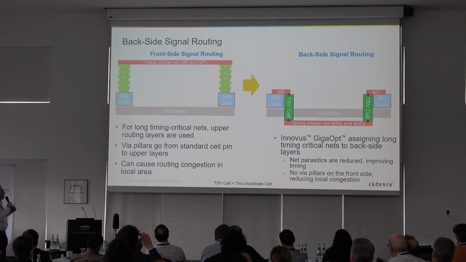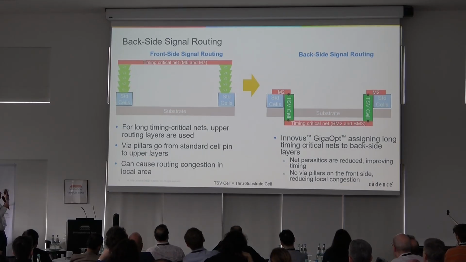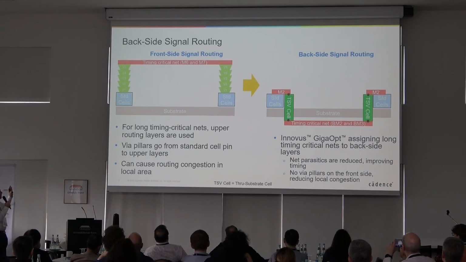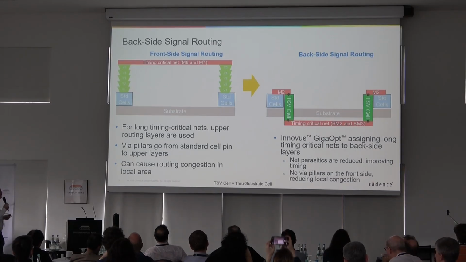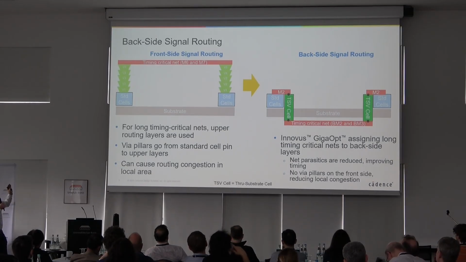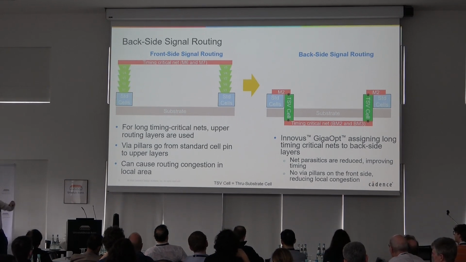For your freeway nets on the front side, you end up with these huge via stacks, because you're going all the way down to M1 or M2, up to the critical layer, and then back down again. You can take a shortcut on the backside. You go through the substrate, take your long route, and then back up. Potentially this can improve your performance.